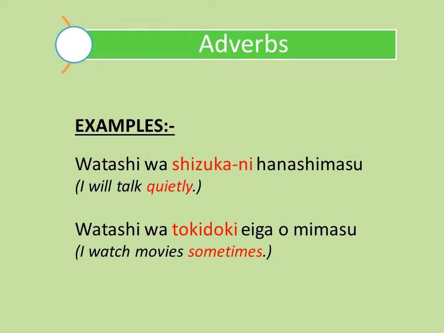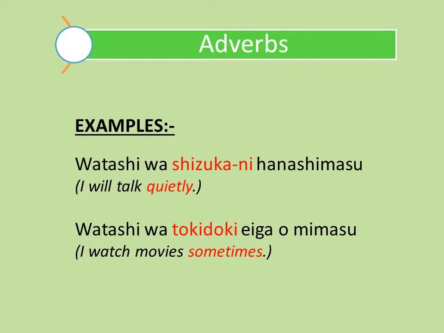Adverbs are the words which describe the verbs or the action that is happening. For example, we can create adverbs from the adjectives by adding some letters, or we have separate words altogether for them. The first example is watashi wa shizuka ni hanashimasu, meaning I will talk quietly.